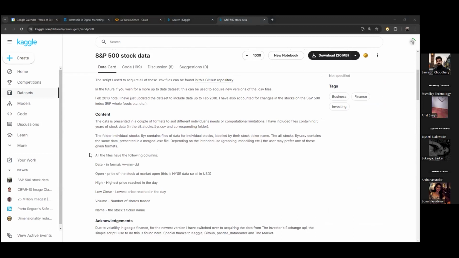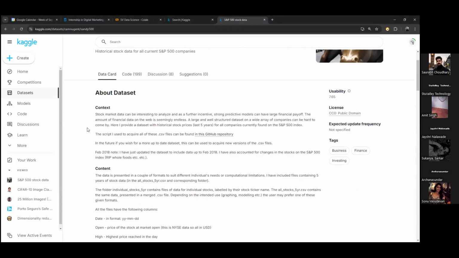Stock market data for the S&P, sale and purchase. So it says stock market data can be interesting to analyze, and strong predictive models can have a large financial payoff.